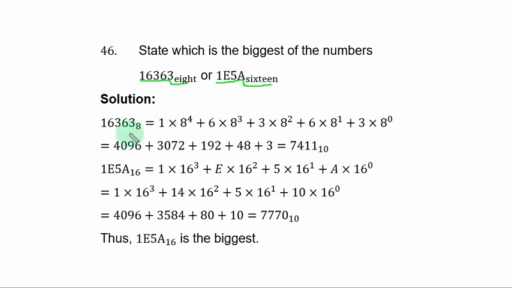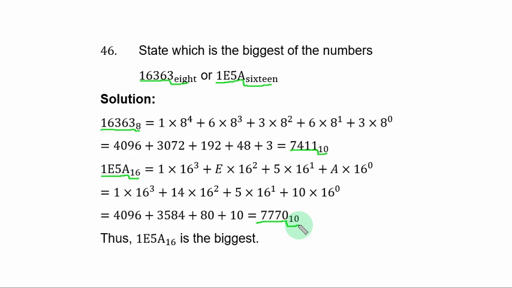So you convert the first number in base 8 to base 10, and that is 7, 4, 1, 1 base 10. You convert the second number in base 16 to base 10 as well, and that is 7, 7, 7, 0 base 10. Clearly, the second result is the biggest.